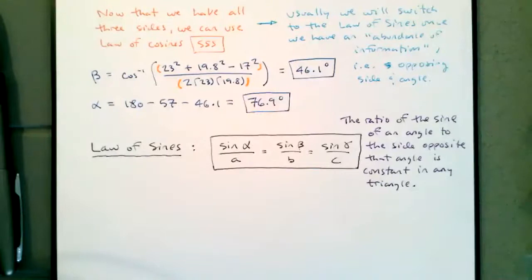As a formula, sine alpha over A equals sine beta over B equals sine gamma over C.